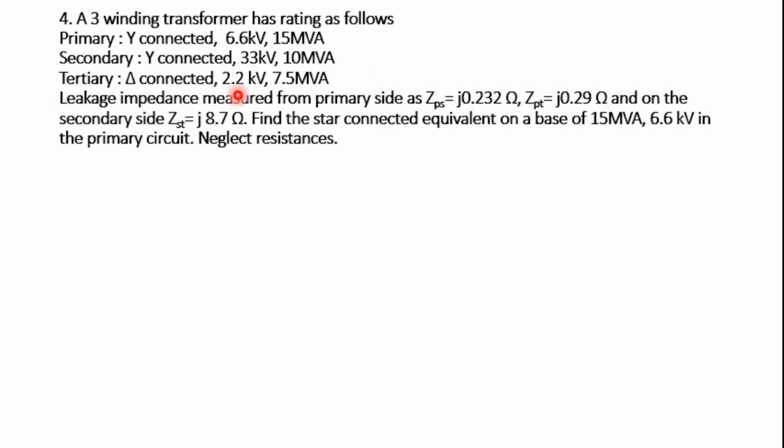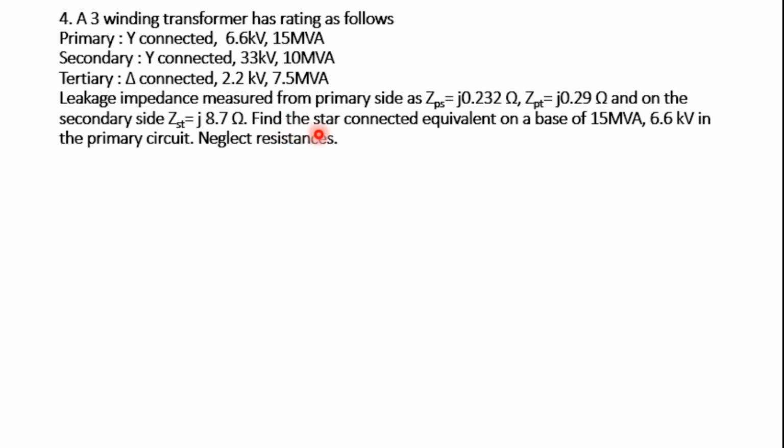The leakage impedance measured from the primary side, primary to secondary with tertiary short circuited, is j0.232 ohm. Primary to tertiary is j0.29 ohm, and on the secondary side, secondary to tertiary is j8.7 ohm.